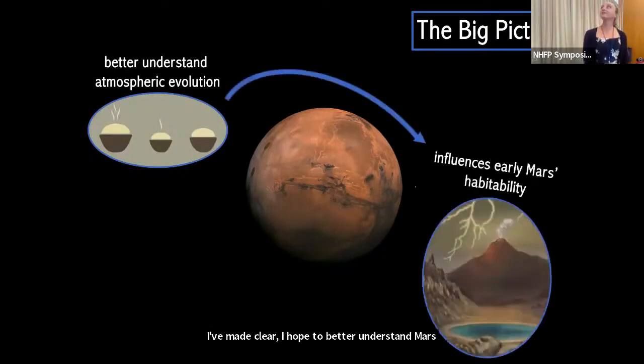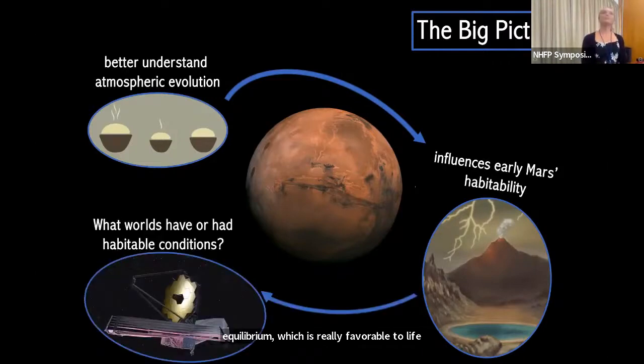But that's really interesting because the evolution might influence Mars' early habitability. The idea of alternating redox cycles puts the surface in disequilibrium, which is really favorable to life. Importantly, Mars is a great example of some of these smaller planets that you might find and observe. And so better understanding how it evolved will maybe help inform the exoplanet community about how those worlds are changing.